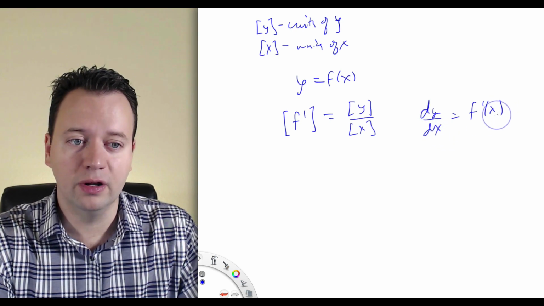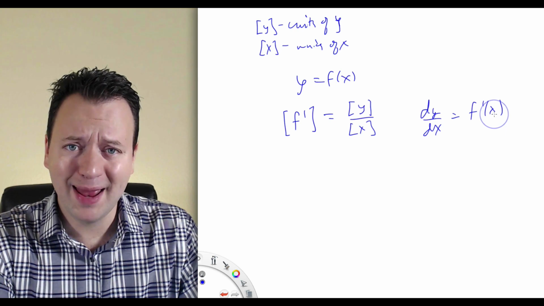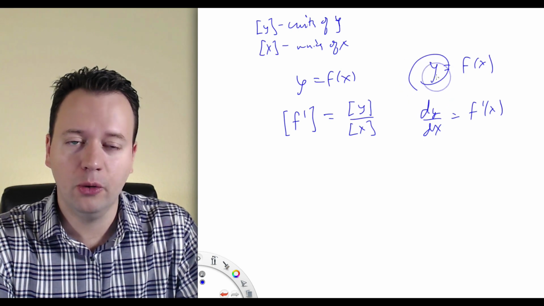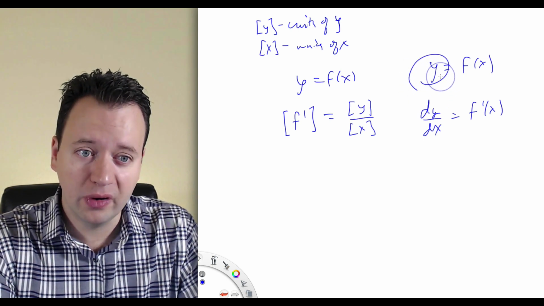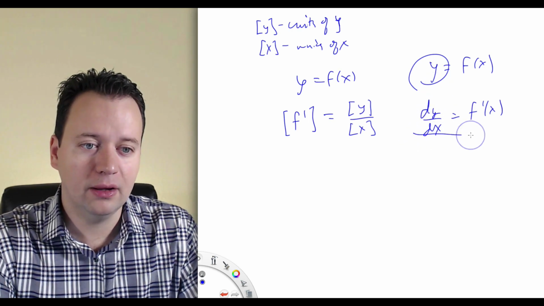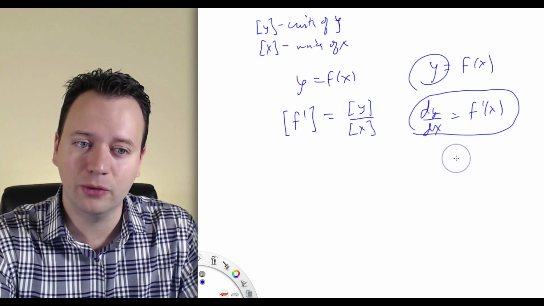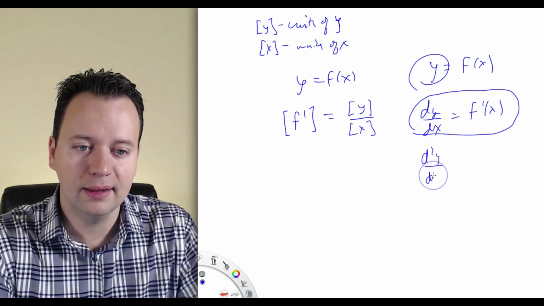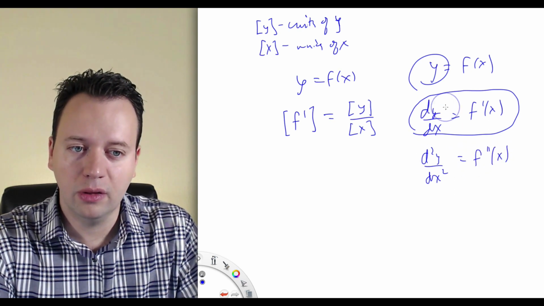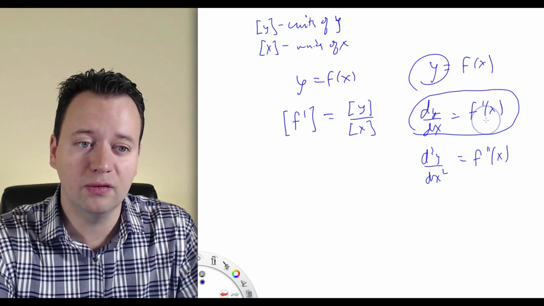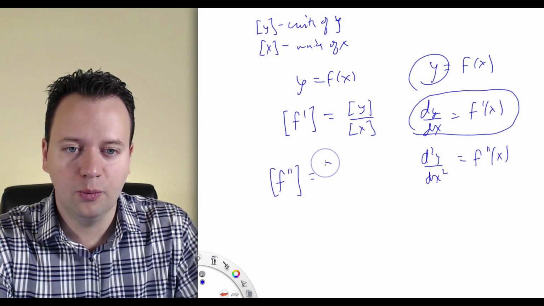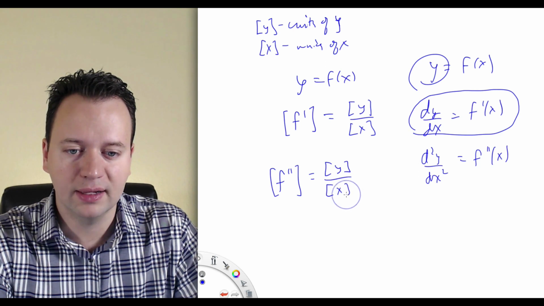But when you take another derivative, the independent variable is still x. Going from y is equal to f of x, the units of the output were just the units of y. When we took the derivative, we're dividing by the units of the input. So analogously, when we compute d squared y dx squared, we start with the units of dy dx and divide it by the units of the input, which are the units of x. So the units of f double prime will be the units of y divided by the units of x squared.